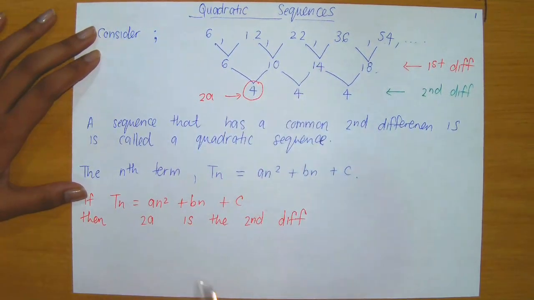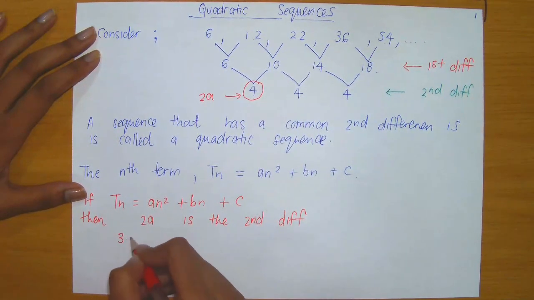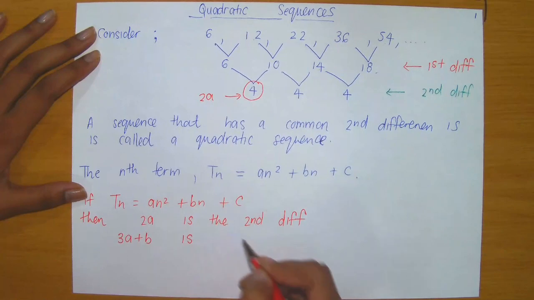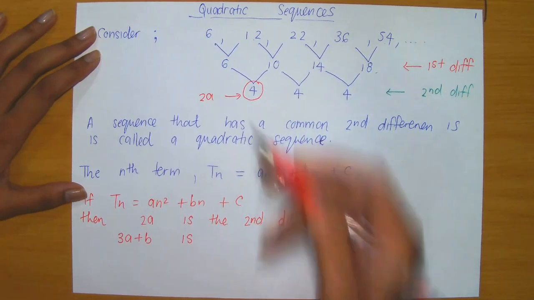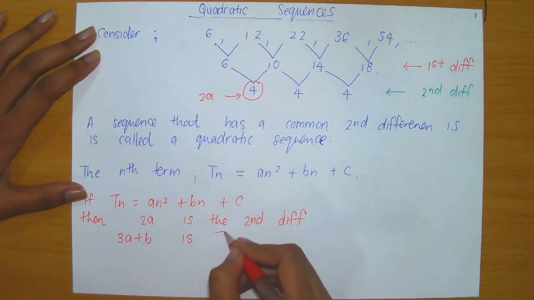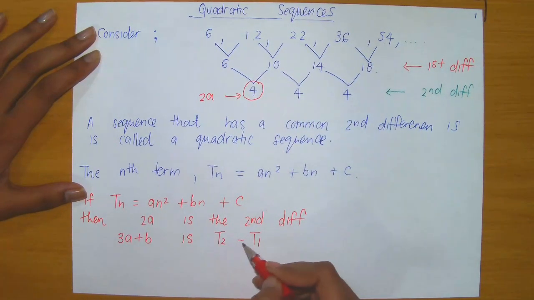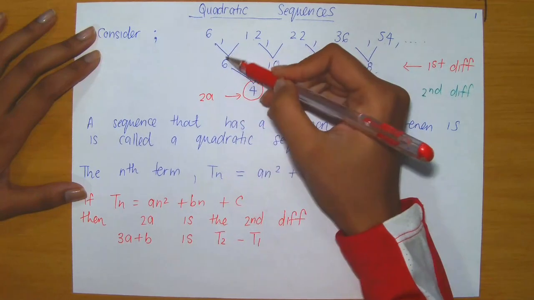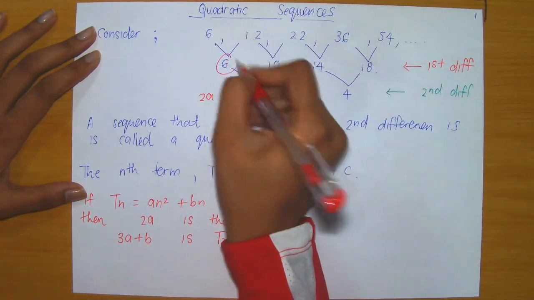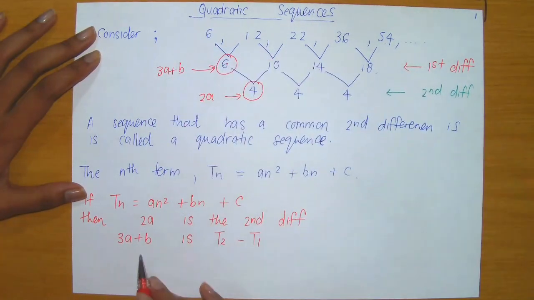Right? In addition, 3a plus b is actually equal to the first difference between the first pair of terms. So t2 minus t1. The second term minus the first term, which gives us this value of 6, is equal to 3a plus b.